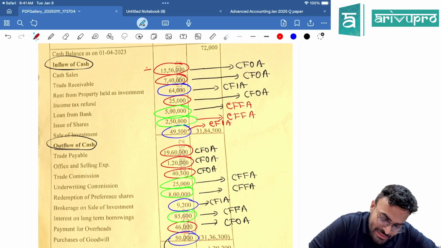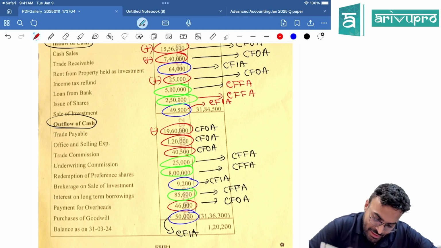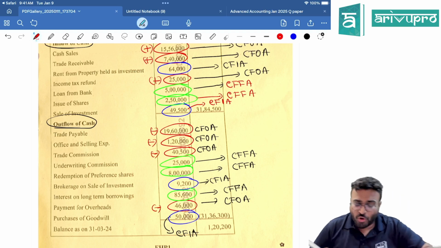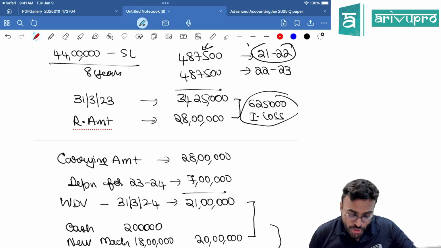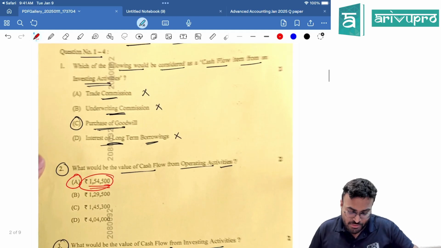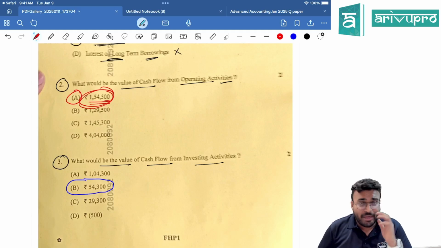Okay, cash sales, trade receivable, income tax refund. Add that, then minus the trade payable, minus the office and selling expenses, minus trade commission, minus the payment for overhead. That time you should get the answer. Okay, you should get the answer as, yes, 1,54,500 cash flow from operating activity.